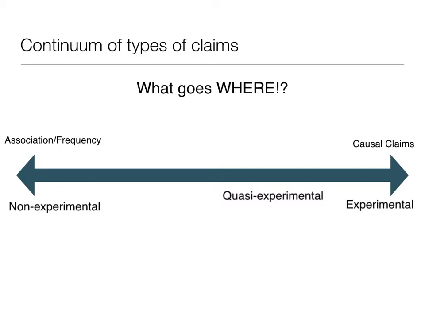So they're going to be almost making causal claims, but not quite. Again, these are still dealing with manipulated variables in these quasi-experimental designs. Again, rarely are you going to see something down here closer to association or frequency. If you're down here, this is not going to be a true quasi-experimental design.